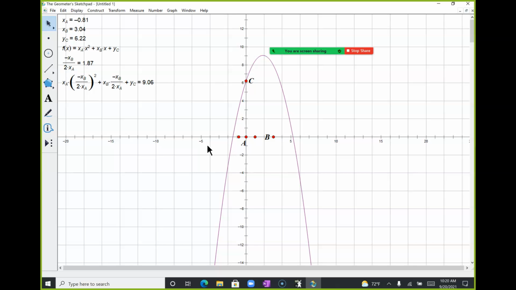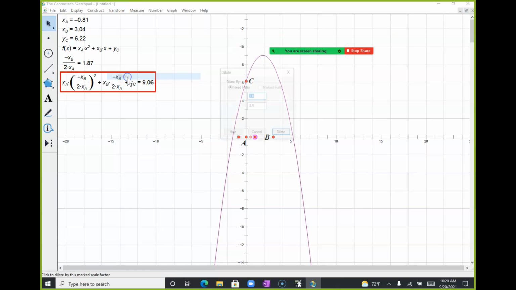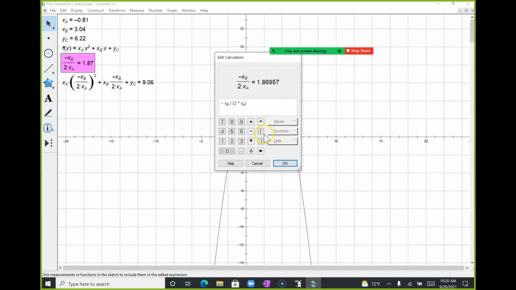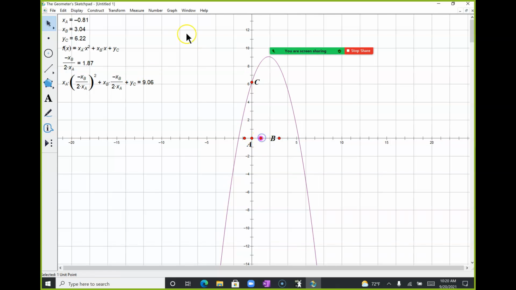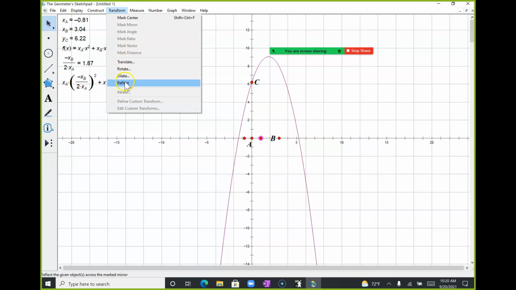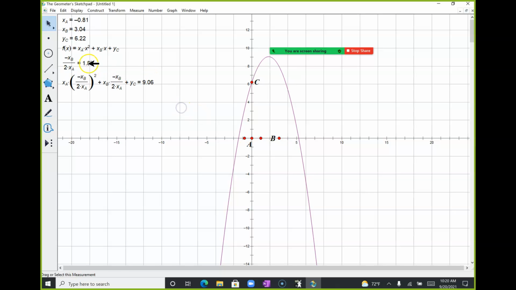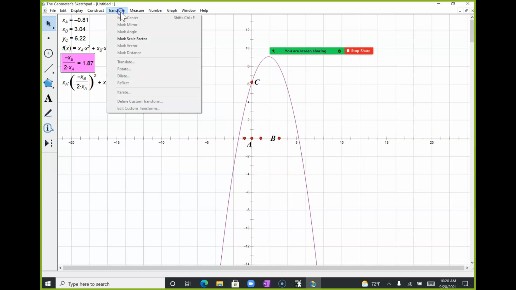If you can see that I take the vertex, and I'm working on the vertex right now, here's my center. I want to dilate by a marked ratio. Transform, mark scale factor.